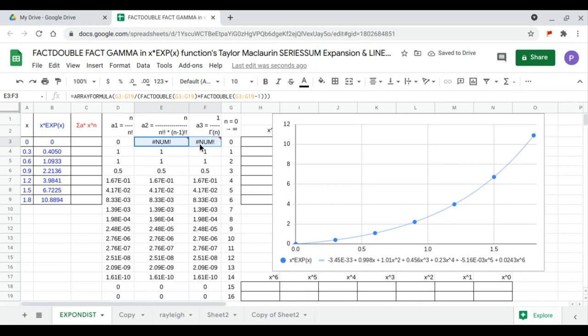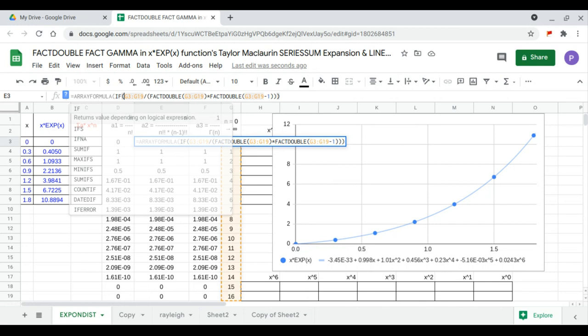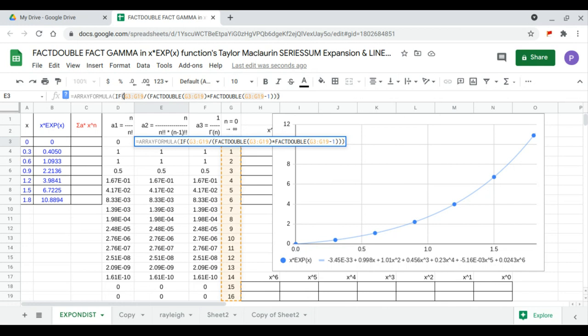So we'll correct this error. This should be 0. So for this case, we'll have a function called if function. If value of n is G3 to G19 equals 0, then 0, otherwise calculate.